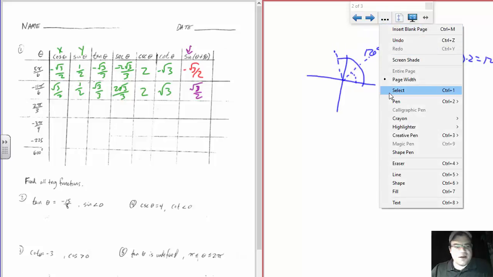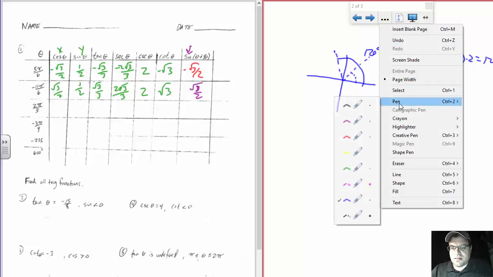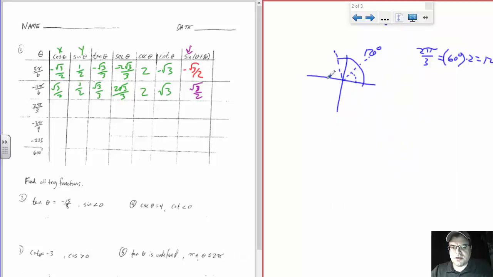What I want, of course, is to find all the trig ratios of that angle. And what I have here is the shortest distance from the x-axis to the terminating side. This is called a reference angle, and this reference angle creates a right triangle. If this is 120, this reference angle is 60.